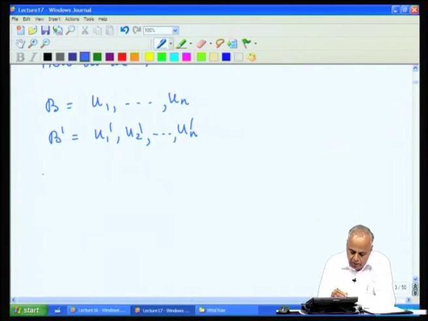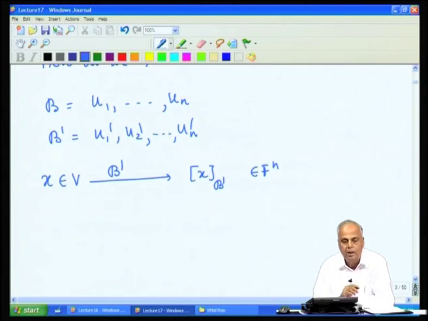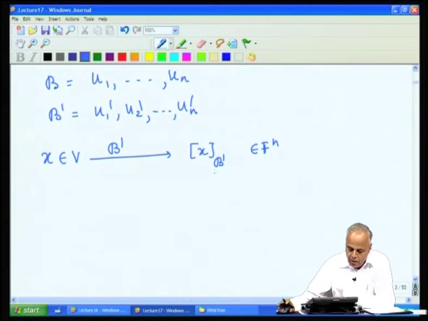Now, we have seen that any vector x in V can be converted to a vector in Fn through the basis B prime as xb prime. That conversion is denoted by xb prime, the digitized or encoded version in Fn. Now, we apply this digitization using the basis B prime to the B vectors.